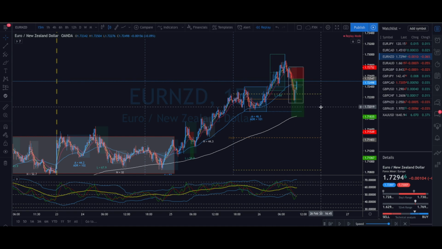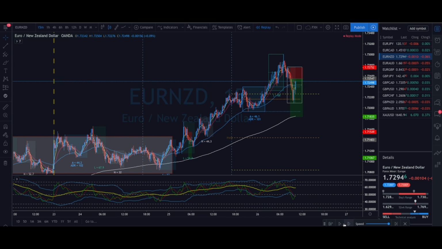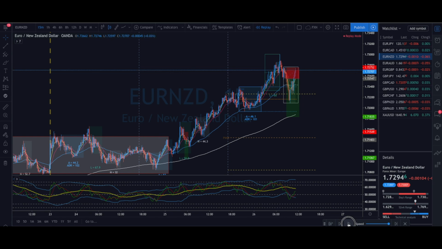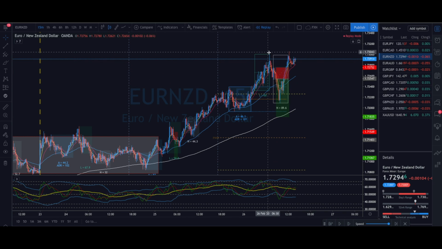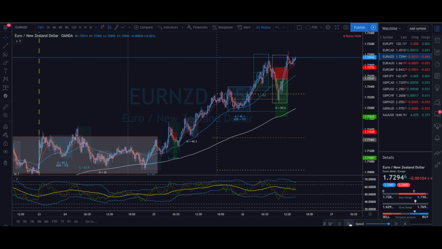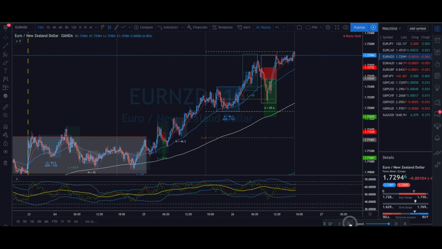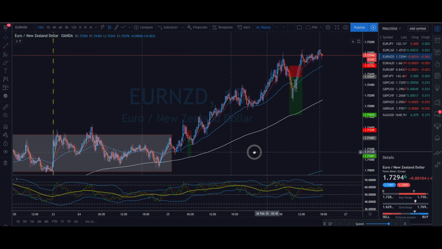Okay, but you can see obviously it just went down to the middle of the range and then turned back around, and it actually went straight back up again, literally right to the top of where it started from. And you can see it's just consolidating sideways.